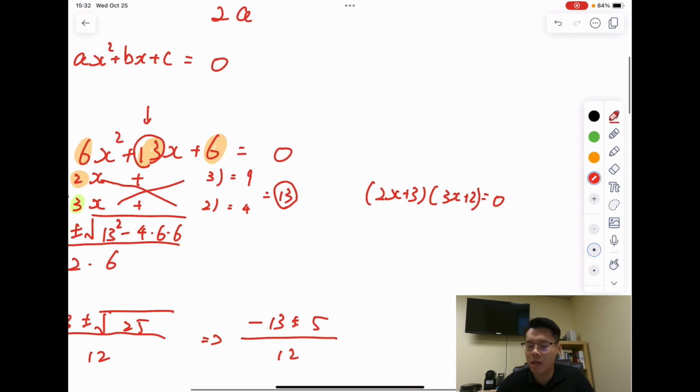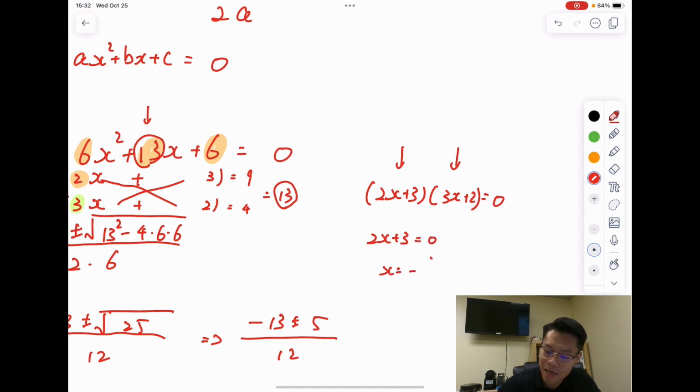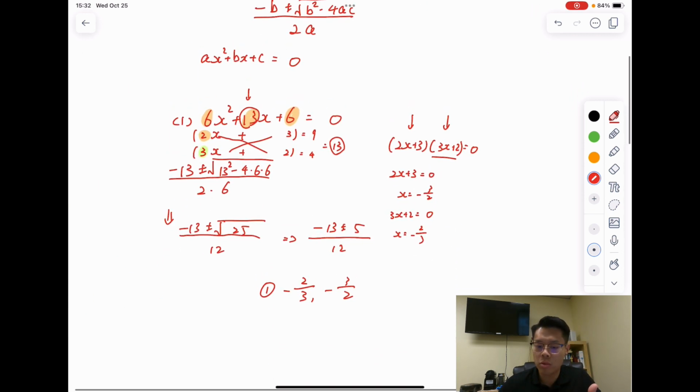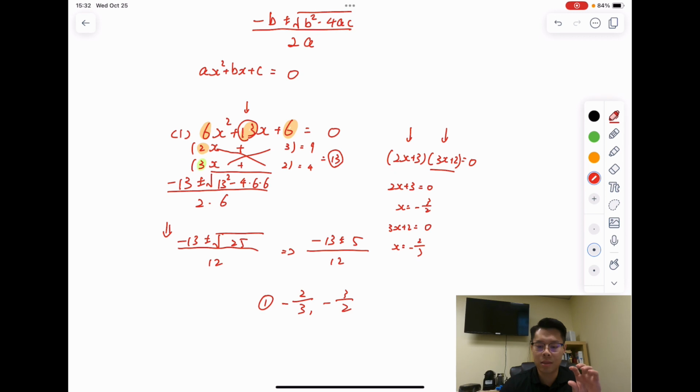As you can see, if two terms multiplied together equal 0, then at least one of the terms is equal to 0. So 2x plus 3 equal to 0 means x is equal to negative 3 over 2. And 3x plus 2 equal to 0 means x is equal to negative 2 over 3. Hopefully this explains question number 1 and shows you different methods to solve quadratic functions.